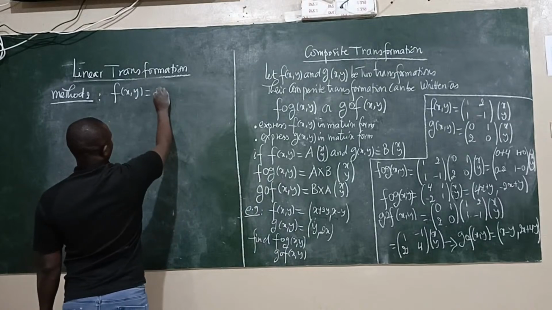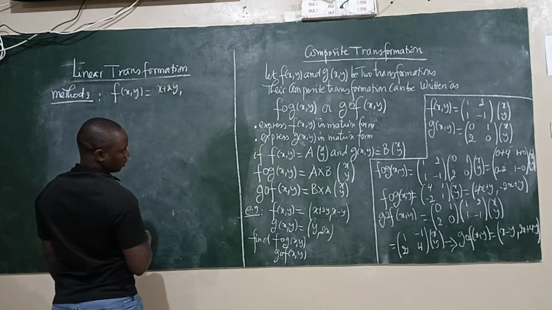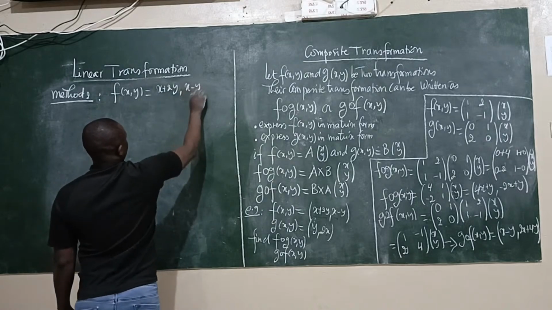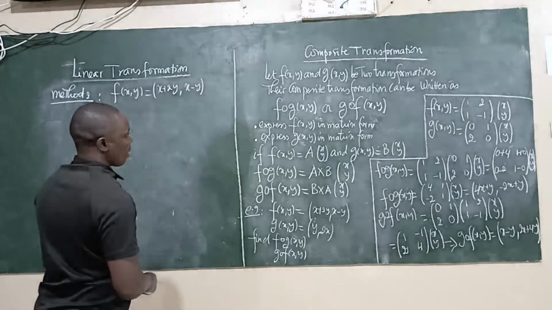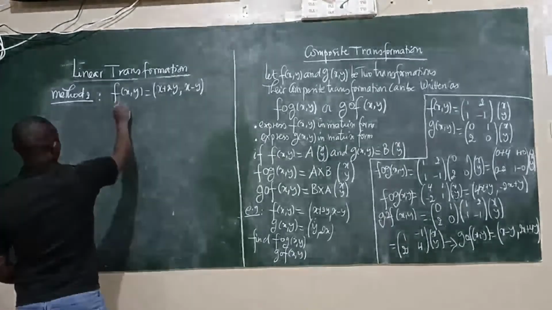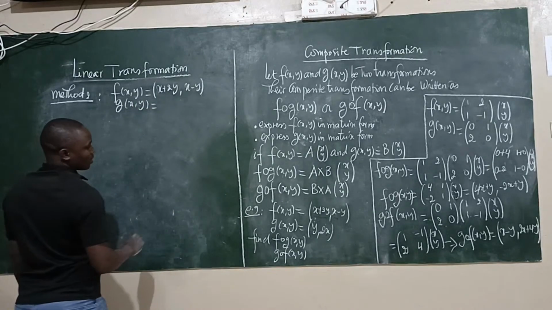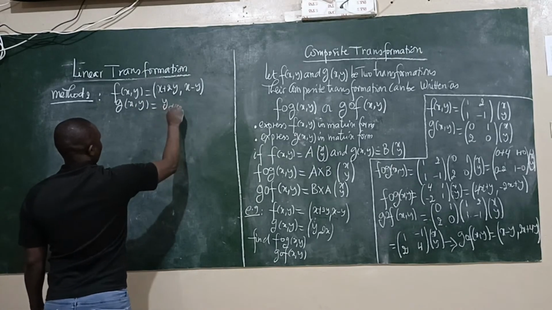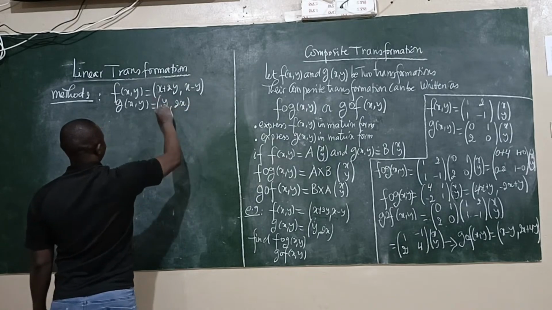We have taken x plus 2y, comma, x minus y, if I remember. Now, the second one was g of xy, which was y comma 2x.